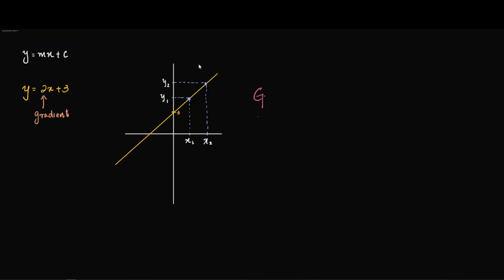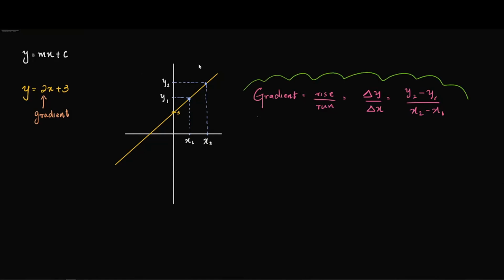So gradient equals rise over run, which means the change in y divided by the change in x. The change in y would be y2 minus y1. The change in x would be x2 minus x1. This is not something new, this is something that we've already learned in our younger grades, and we know how to find the gradient of any straight line graph by using this formula.